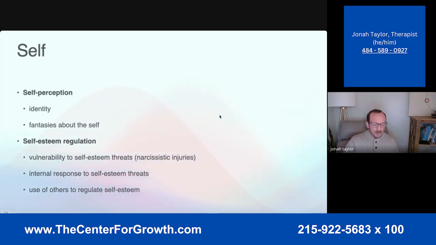And then more adaptive ways could be using humor, altruism, or sublimation, which I always have to remind myself what that one means. But I think of the artist who sublimates their inner turmoil into some masterpiece.